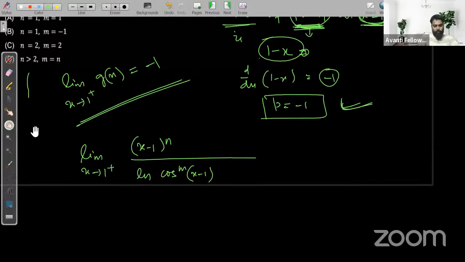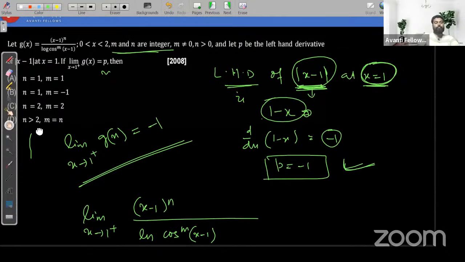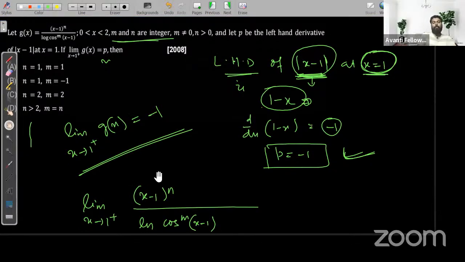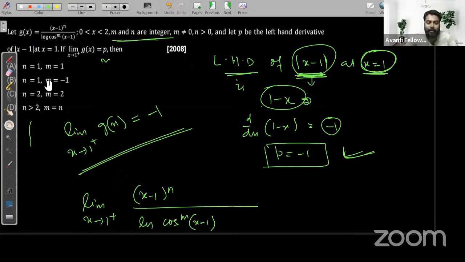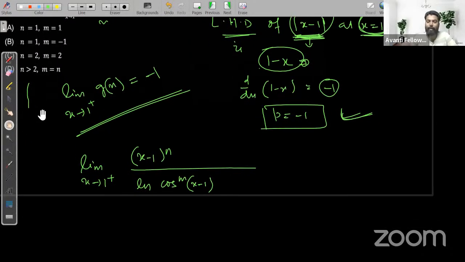It is given or not? Yes. Now you need to find the value of n and m, right? You need to find the values of n and m.